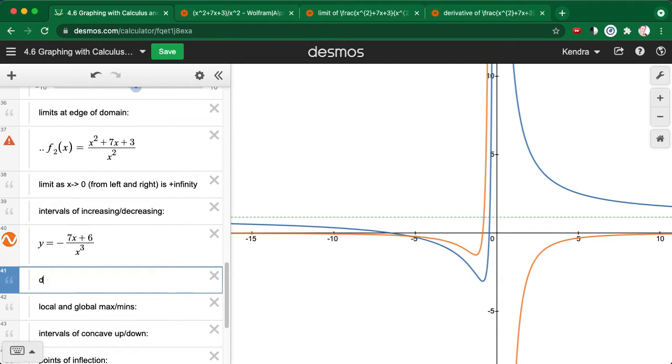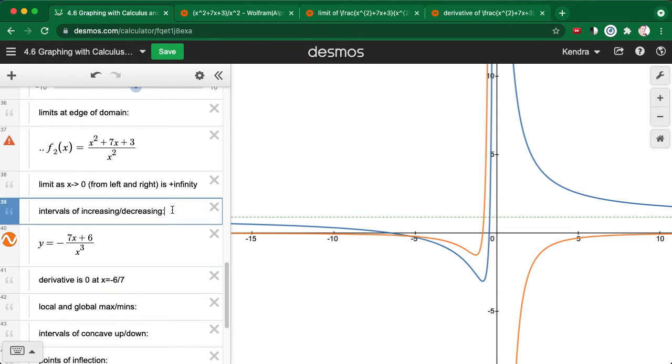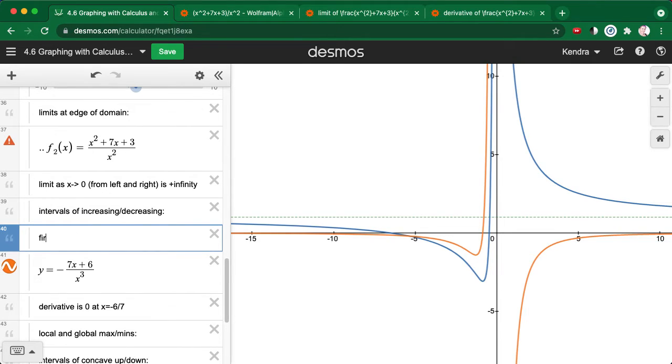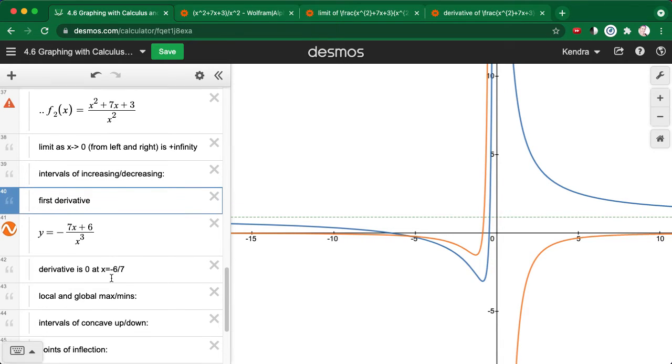So the derivative at x equals, setting this equal to 0 gives me negative 6/7. Okay, so let me label this. This is the first derivative. All right, great.